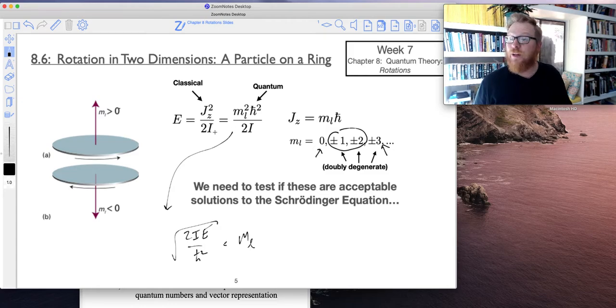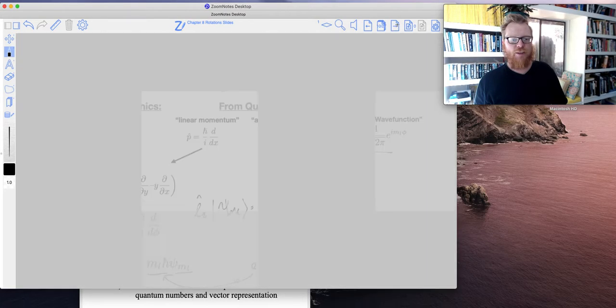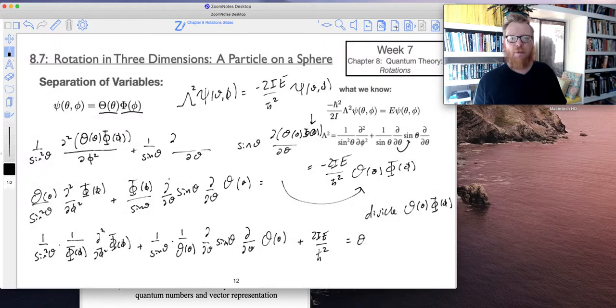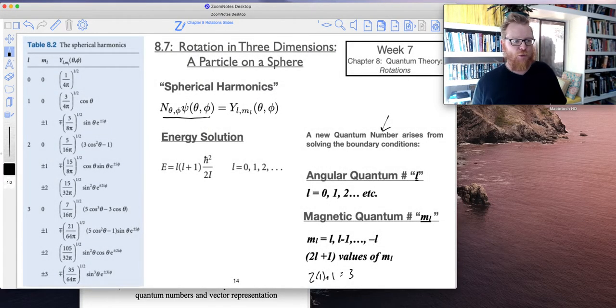Yes, look, when we did particle on a ring, we still got that h bar squared divided by 2I, however it was times m_l squared. So we're really seeing the connection between m_l and L from solving this model. At least you'll have to take my word on it, because I'm not making you finish doing this solution.